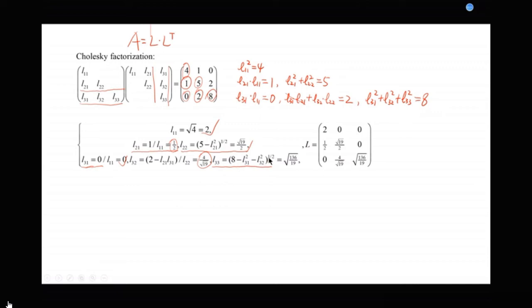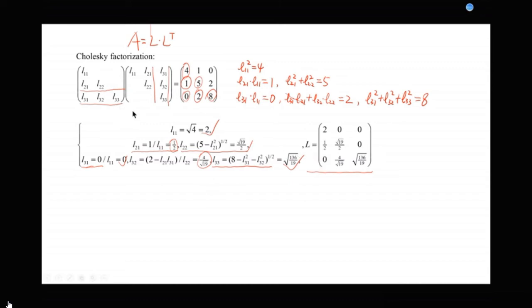And then you can check. You will obtain square root of 136 over 19. Then you can obtain L like this: L11, 21, 22, 31, 32, 33. Clear? Okay, this is Cholesky factorization by L, right?